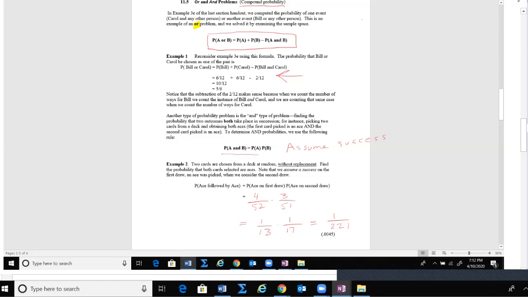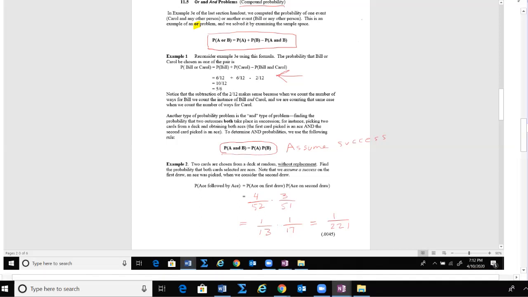This is our definition for a probability. We're looking at 2 things happening in succession, both of them happening at the same time, in a sense. A good example would be this number 2. You pick 2 cards from a standard deck without replacement.